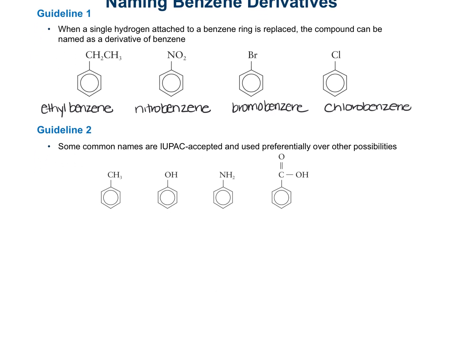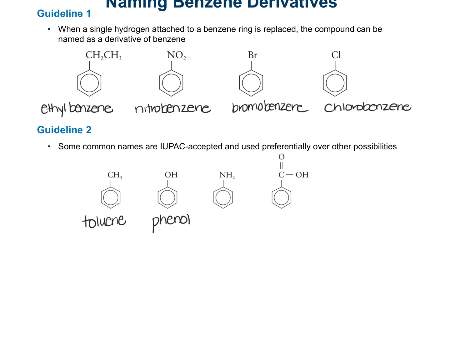Now, some common IUPAC accepted names are used preferentially over other possibilities. For example, if there's a benzene with a CH3, we tend not to call that methylbenzene. Instead, we call that toluene. If there's an OH attached, we call that phenol.